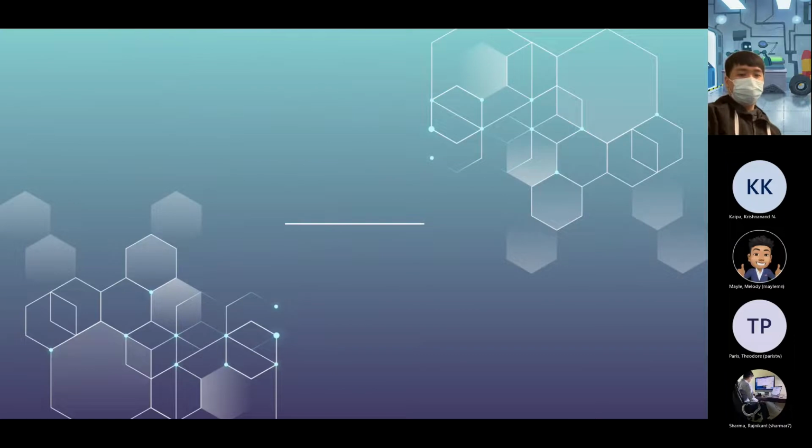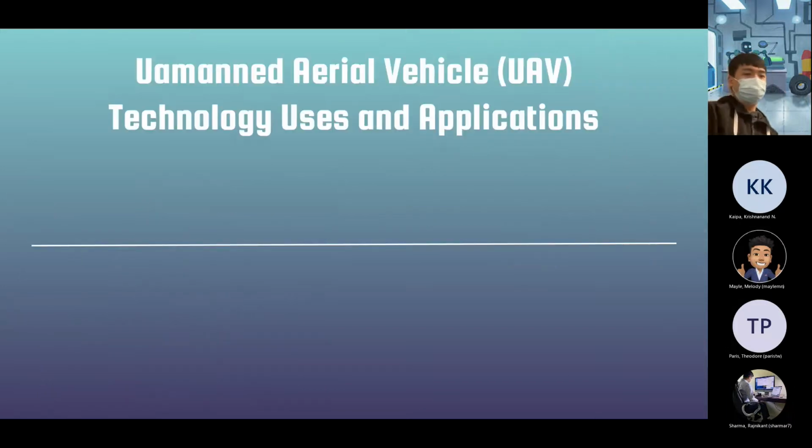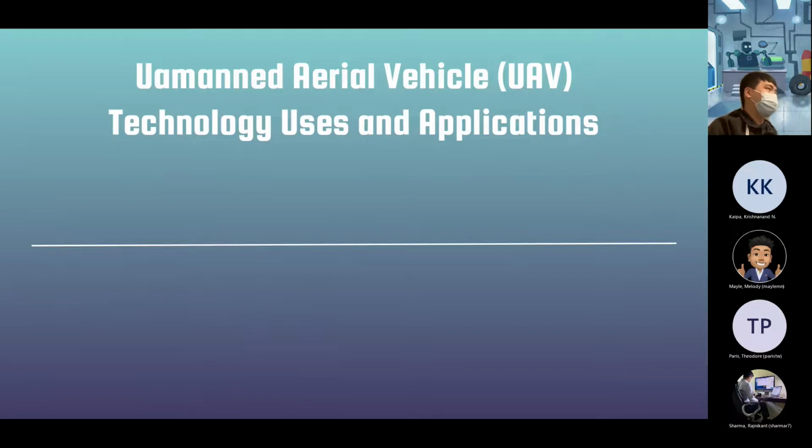All right. So before we go into our project, I'm probably going to briefly talk about why UAVs are so important nowadays. For science, UAVs are used by scientists to collect and gather data from the air, sea, or ground. So we don't have to send several teams to the place, and we can gather the data easily and correctly.